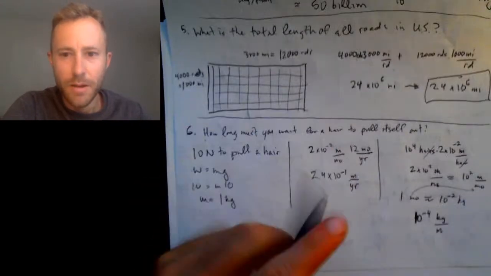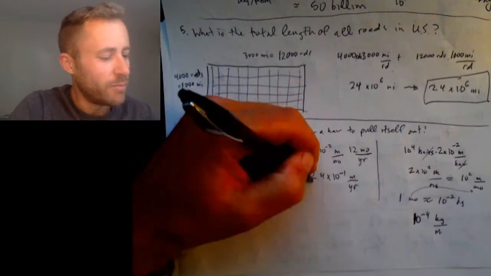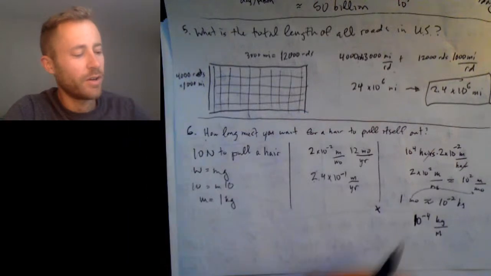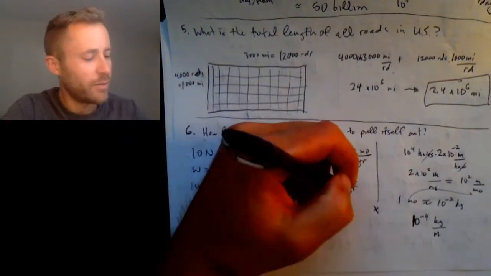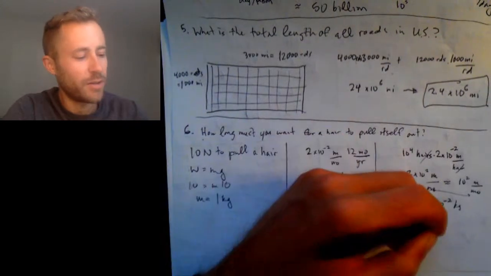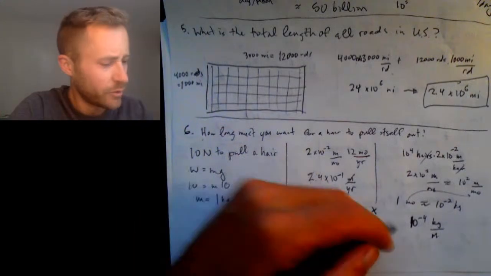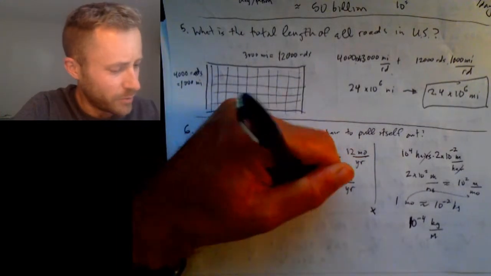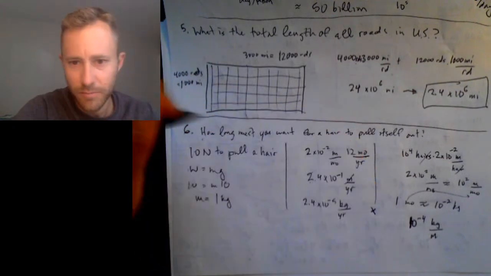Okay, so now if I take the number of meters per year times the number of kilograms per meter, see how the meters are going to cancel out, and I'm going to get the number of kilograms of hair I grow per year. Okay, so multiplying these together, I get 2.4 times 10 to the minus 5 kilograms per year of hair.